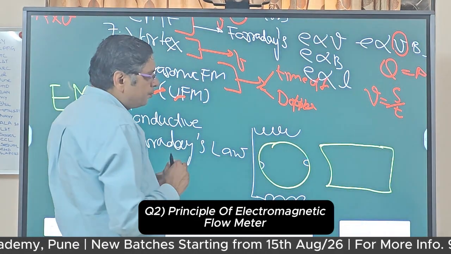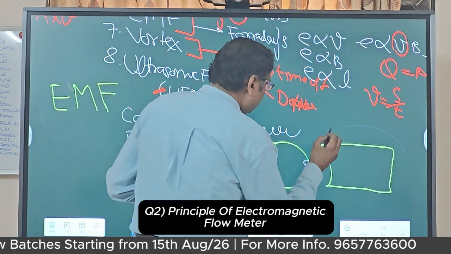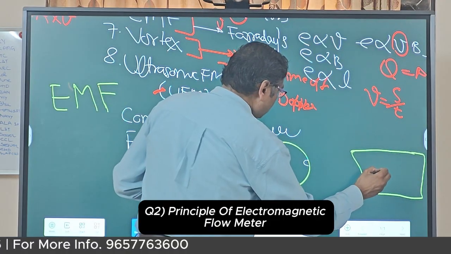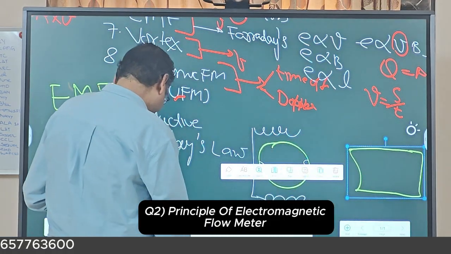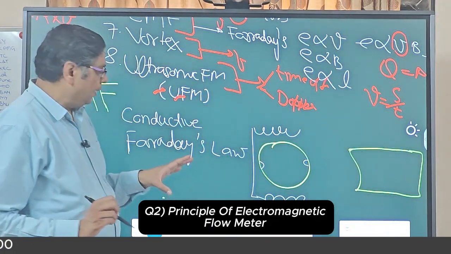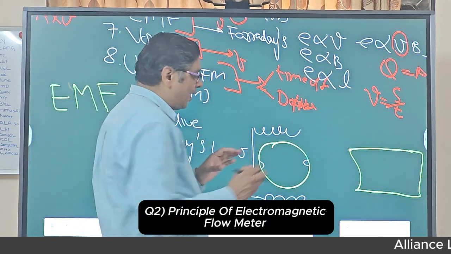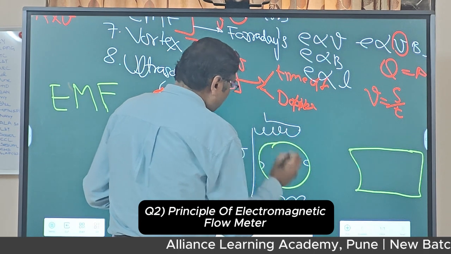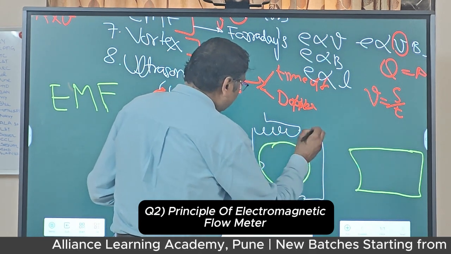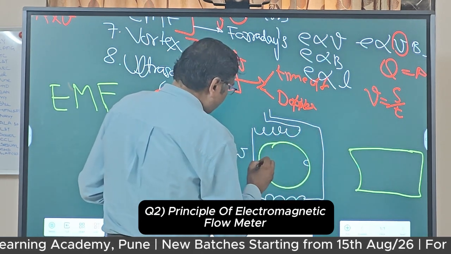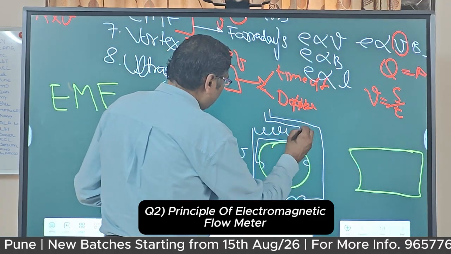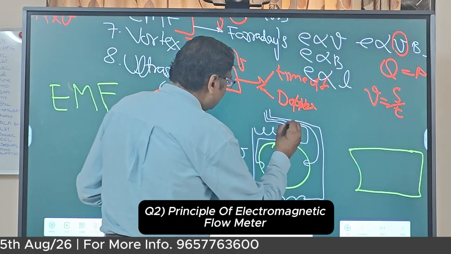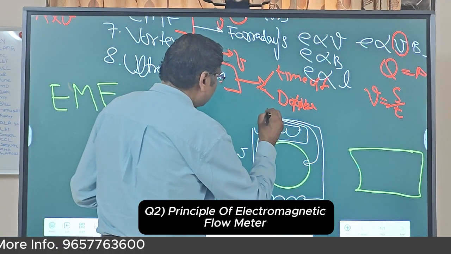Now you see there are wires. One wire is for this, one wire is for this, one wire is for this, and one wire is for this.